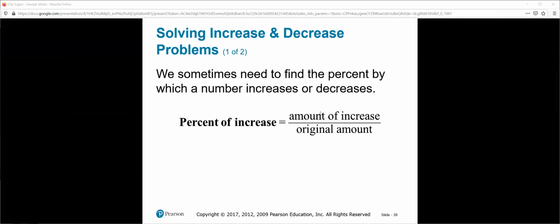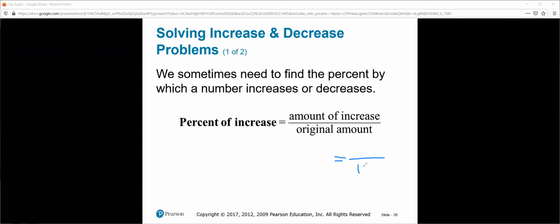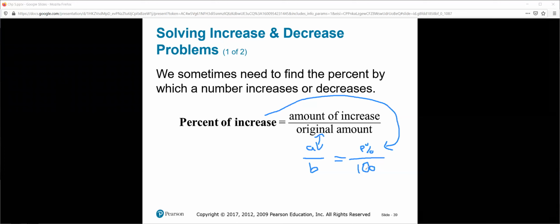So that is a percent, because if we go back to our original skeleton we talked about before, we said percent number over 100 equals amount over base. Doesn't that look familiar? Your percent increase is your amount over base. This equation here is the exact equation we were doing before. Just we're changing the phrasing a little bit to better fit into the word problems that we have.